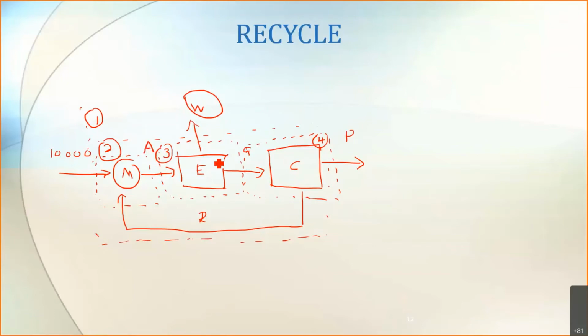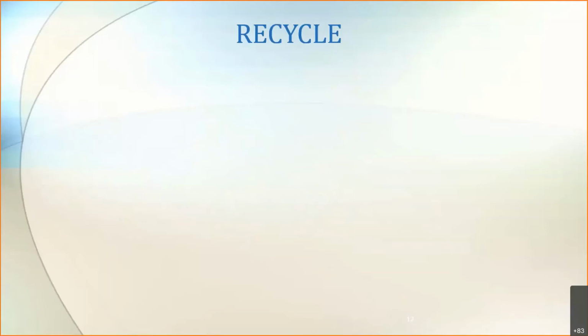So three unknowns, and I think I can only make a maximum of maybe two independent equations. So definitely I will not be able to use the evaporator here to solve for my value of W. But you can go back and try to do a proper degree of freedom analysis on the evaporator to see whether you can actually use this system or not. For now we'll solve using our overall system.